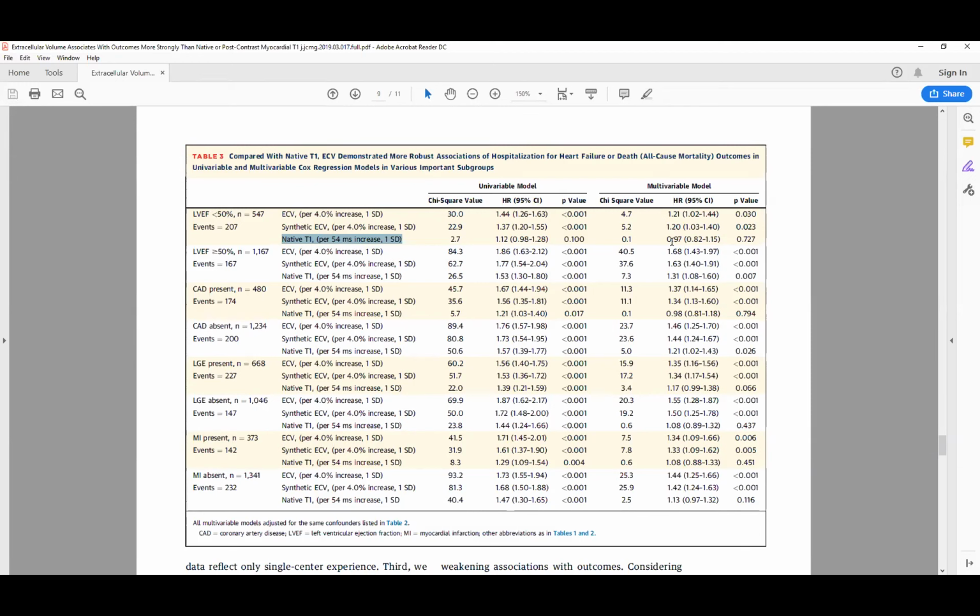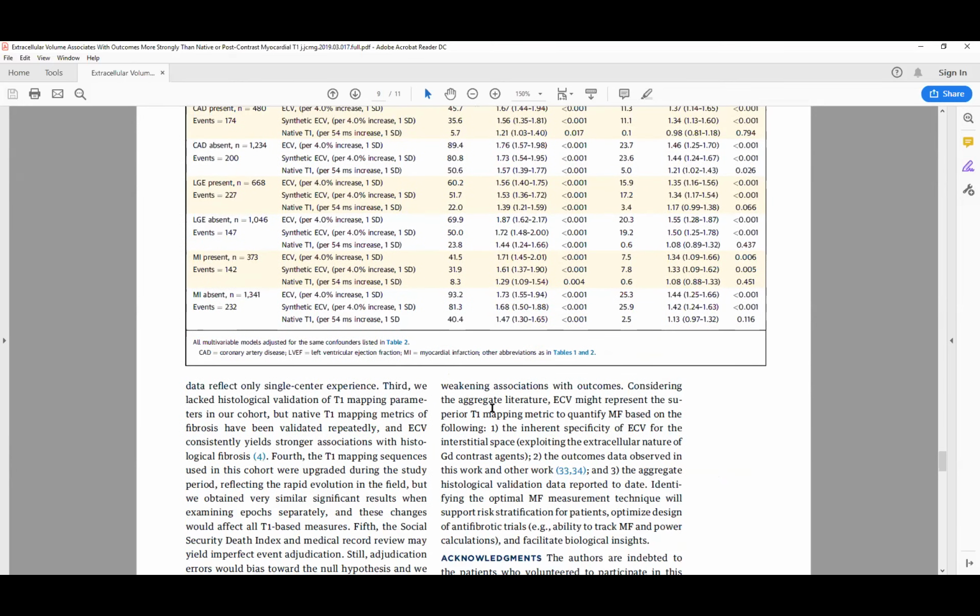And essentially, if you look at the chi-squared values, they're pretty huge. They're essentially at least double, if not greater, for ECV versus native T1 across the board. And so the upshot of all this data is that similar to the aggregate histologic validation data, ECV also stratifies risk better than these other, what I would consider surrogate measures of myocardial fibrosis.